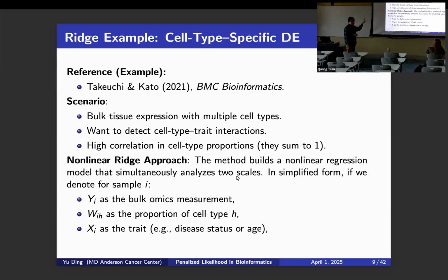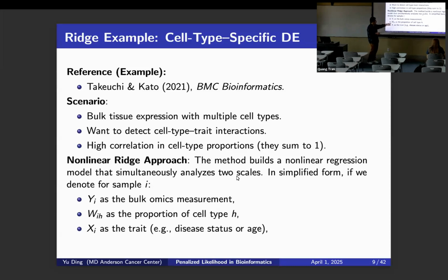However, in this data, there exists a high correlation in cell type proportions. I will provide a plot later. But before getting to the next slides, I would like to make sure that we follow the notation here. As usual, Y is used to denote the bulk omic measurements, or we can simply treat this as a response. And W here is the proportion of the cell type H, or in this case, we can simply treat it as a type of feature.